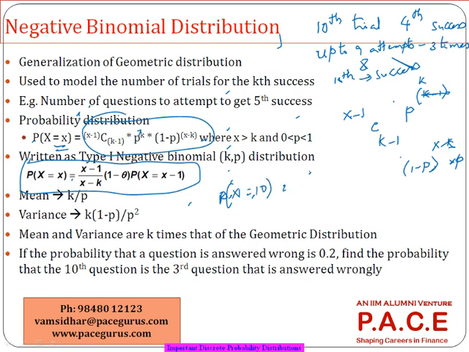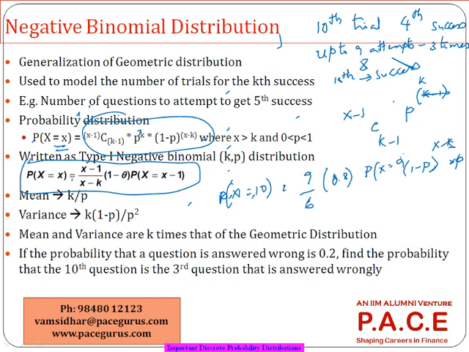is equal to 10 minus 1, which is 9, by 10 minus k, which is 6. K is the 4th success, so k is 4, into 1 minus p. 1 minus p for me is, whatever the p is, let's say if we are talking about a p of 20%, then 0.8, into P of x equal to 9.